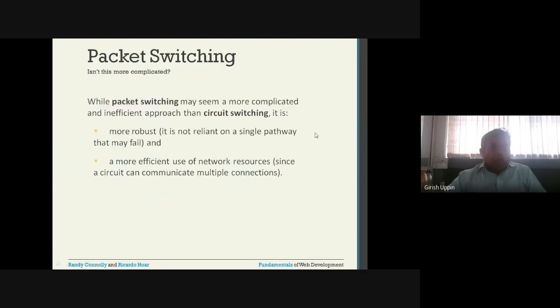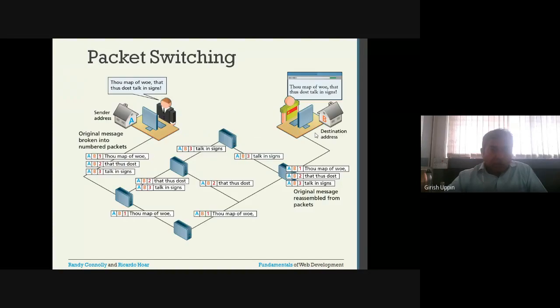While packet switching may seem a more complicated and inefficient approach than circuit switching, it is actually very convenient, very robust, and highly efficient. The same bandwidth can be used for multiple communications, and we need not have a dedicated line. As we saw, there is no dedicated line between the sender and the receiver.